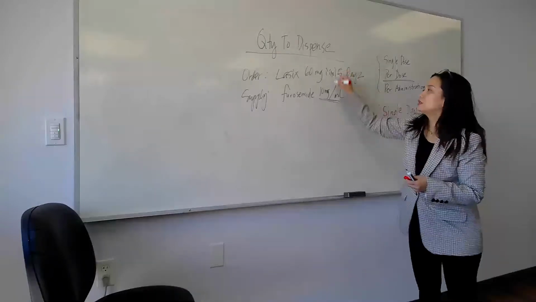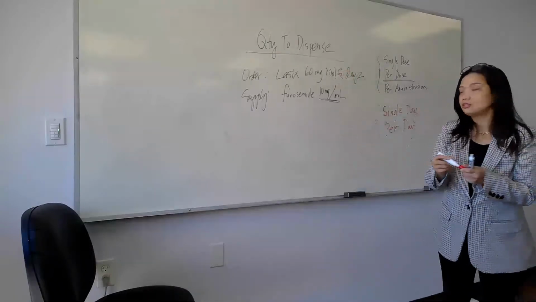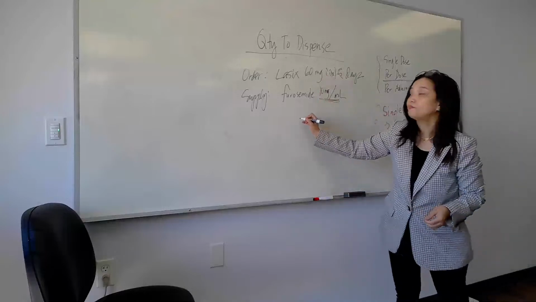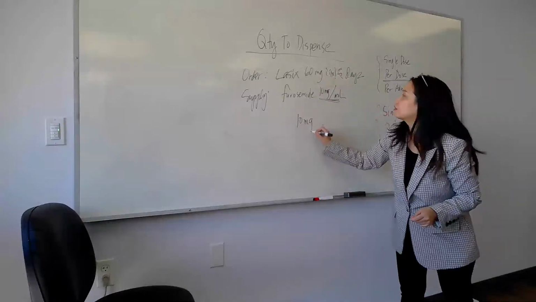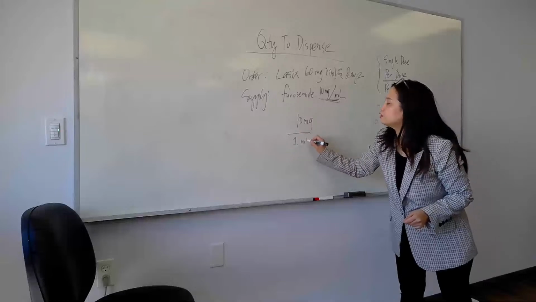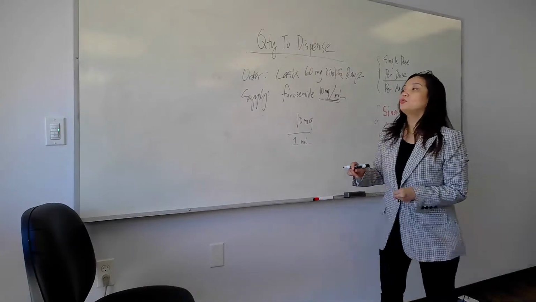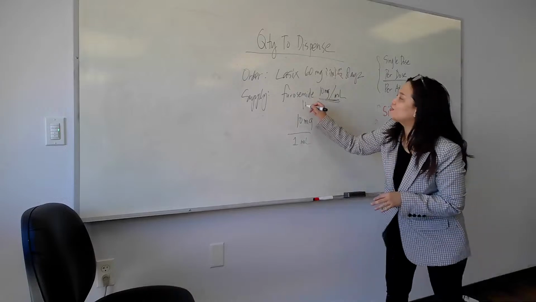Dose? No. Let's proceed. How do we do this? Ratio and proportion. I already have a working fraction I can see, right? 10 milligram for every milliliter. There's an invisible 1 over there, right? So this is your have side.